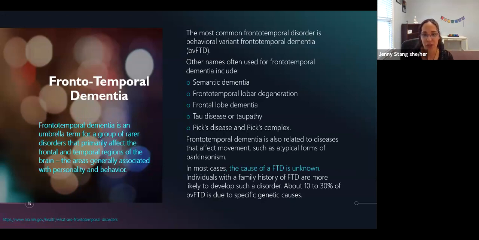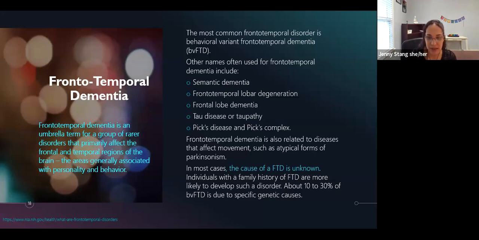Other names often used for frontotemporal dementia are semantic dementia, frontotemporal lobar degeneration, frontal lobe dementia, tau disease or tauopathy, Pick's disease or Pick's complex. So if you're familiar with any of those other terms, this is what we're talking about. It is also related to diseases that affect movement, such as atypical forms of Parkinsonism.